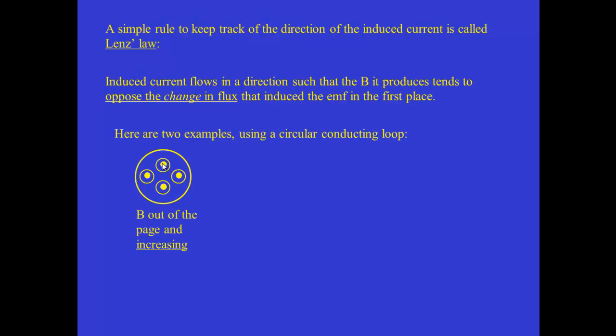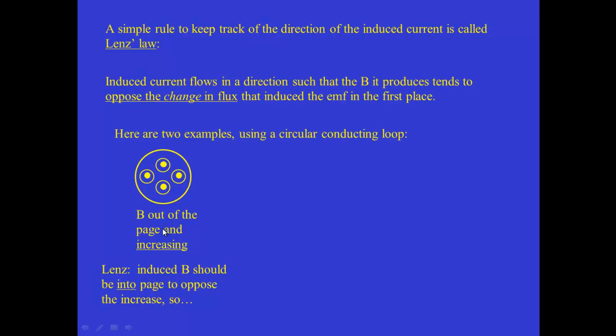So since it's coming out of the page and it's getting stronger, the induced B, the B produced by the induced current that must flow around this loop, should oppose the changing magnetic field. So that means, according to Lenz's law, that the induced magnetic field should point into the page, because that opposes the increasing magnetic field.